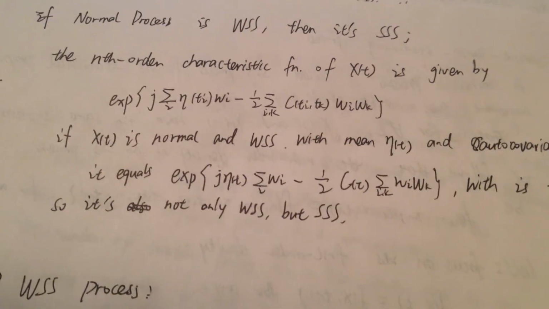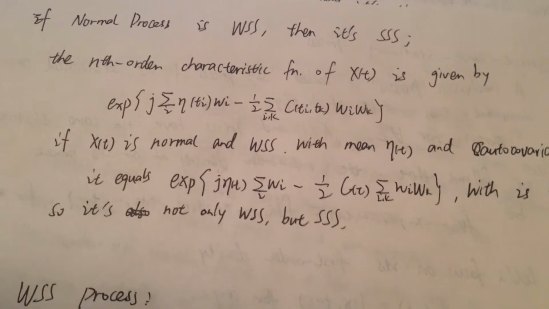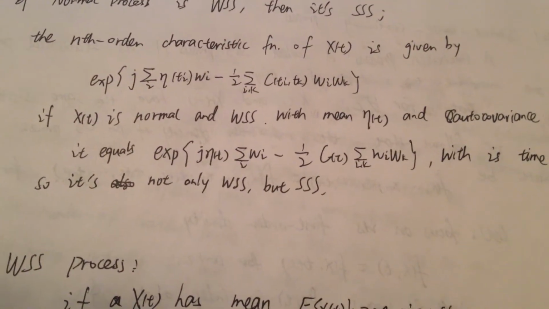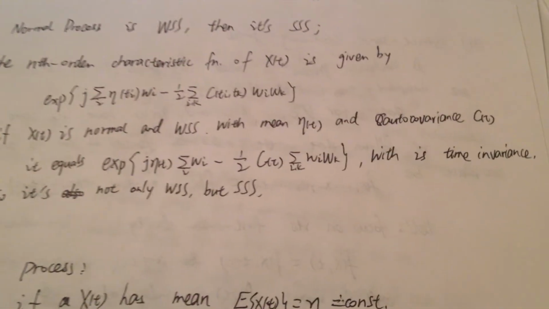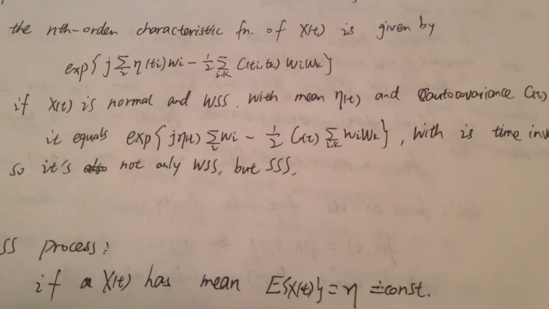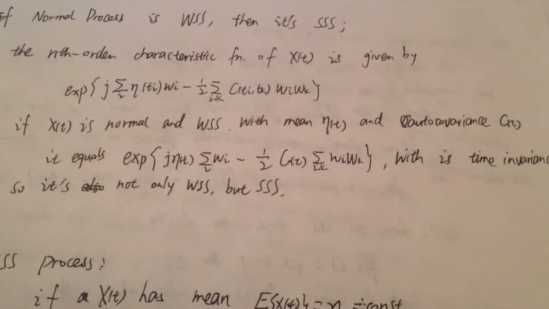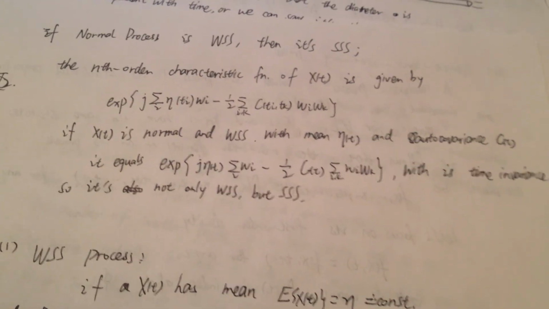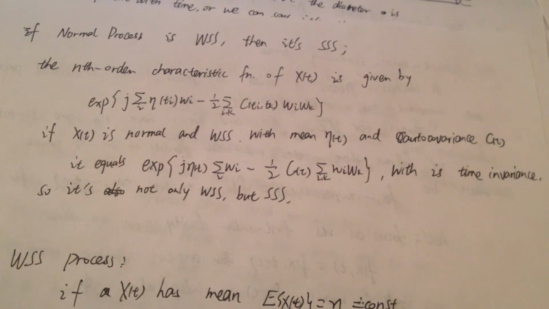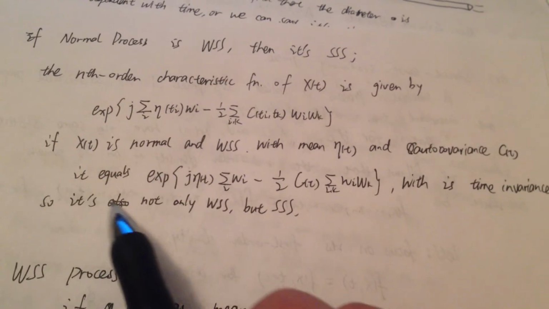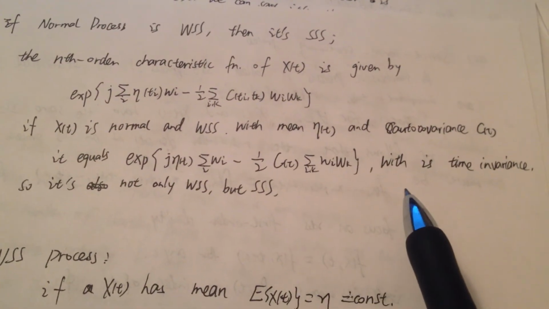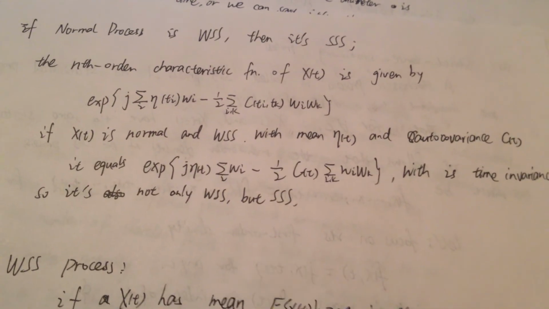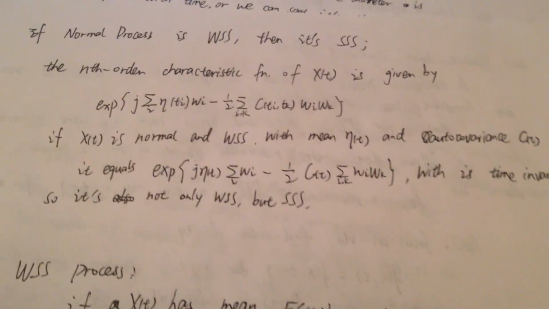So if a stochastic process X(t) is normal and WSS with mean eta and autocovariance C(tau), where tau equals t1 minus t2, then this formula equals this, which is time invariant. So it's not only WSS but also SSS. Thank you.